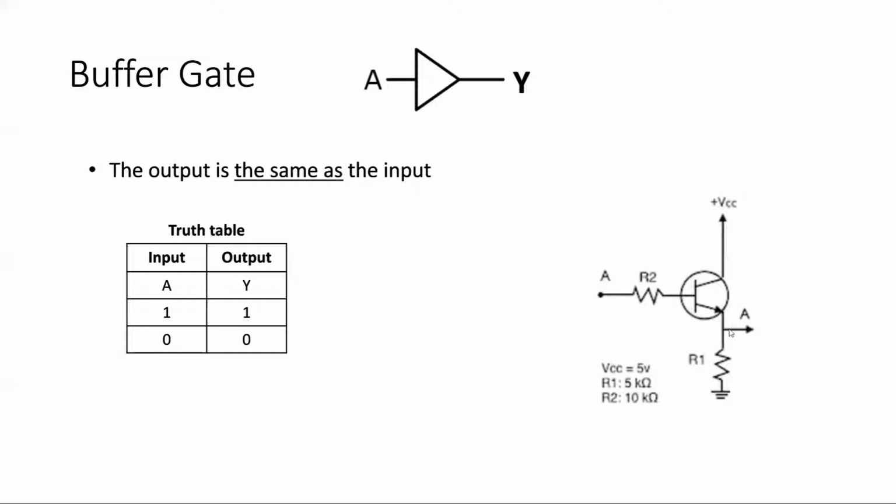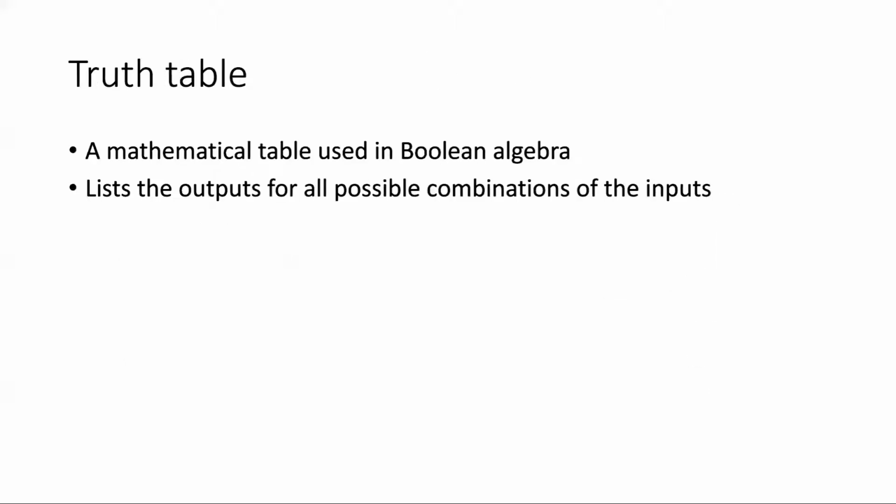So the output will also be 1. But if the transistor is set to off, the electricity is not allowed to flow here, so the output will be off. So the input and output are the same for a buffer. It doesn't seem very interesting because its input and output are the same, but it is actually used in logical systems for computations.